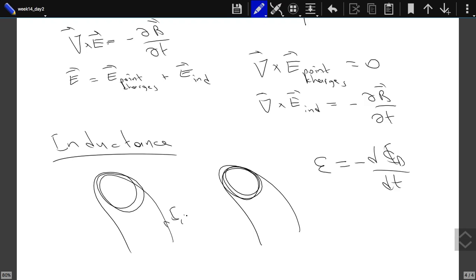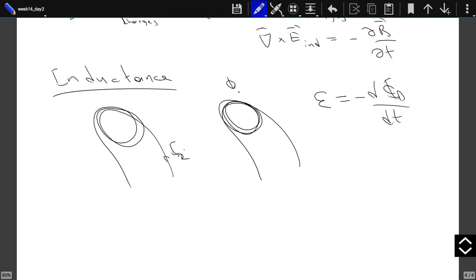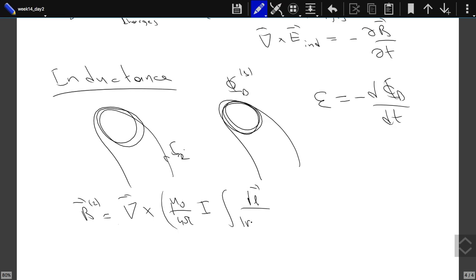Let's say this is my I2, my circuit 2. The flux, let's call that 1. Well, first of all, we know that B created by this second ring will be equal to the curl of A, which is mu 0 over 4 pi I times dl over R1 minus R2.